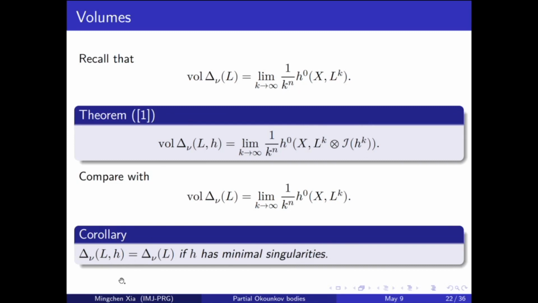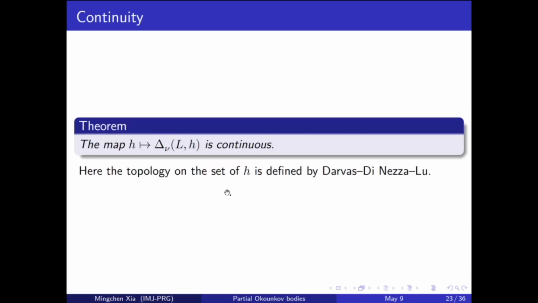So in that sense, the partial Okounkov bodies are really generalizations of Okounkov bodies. And it makes sense now to say that the theorem about the partial Okounkov bodies being universal invariants of the singularities of H, they are truly generalizations of the classical results about the numerical classes of L. On the other hand, we know that the Okounkov bodies of all possible projective varieties and all possible line bundles only form a countable set.